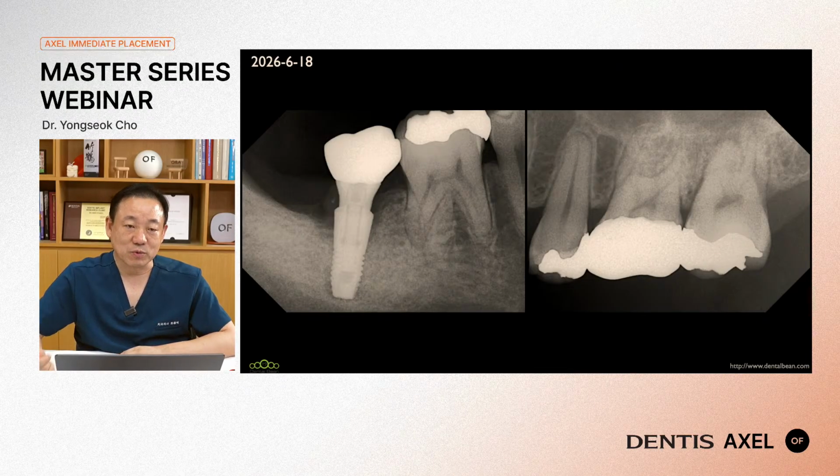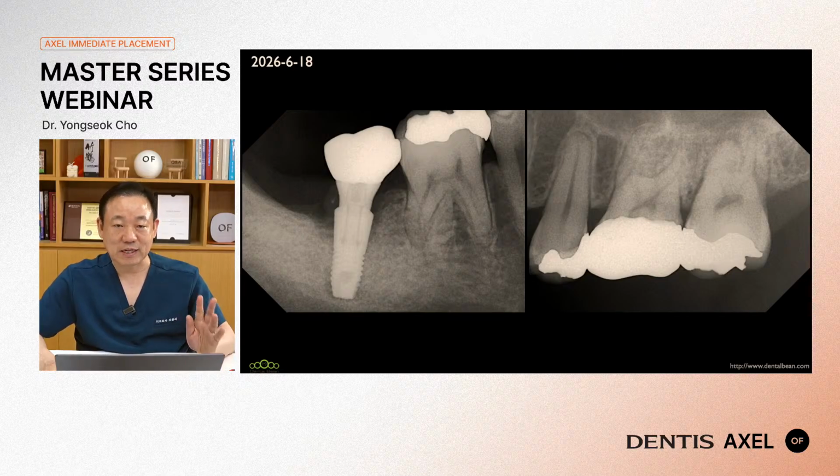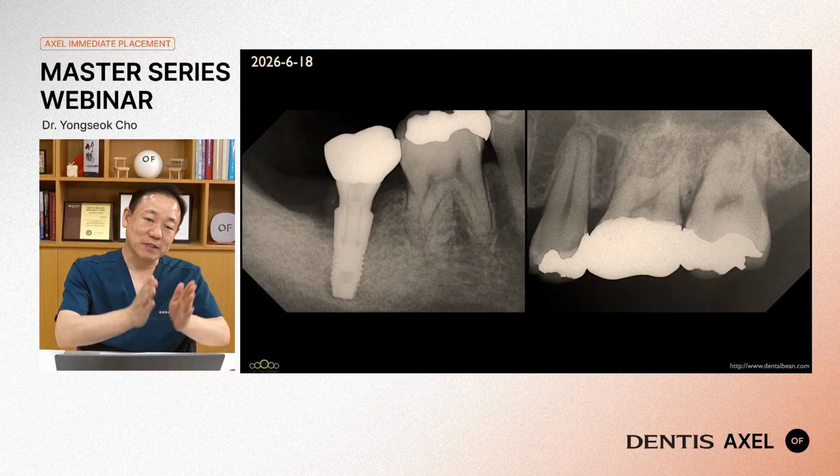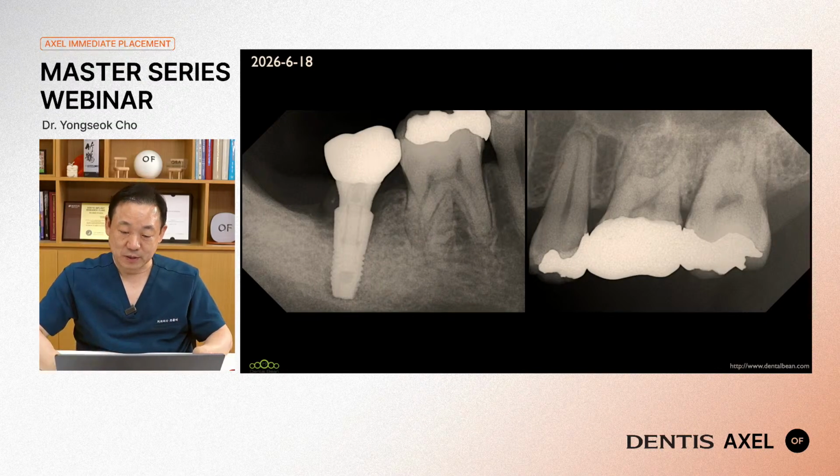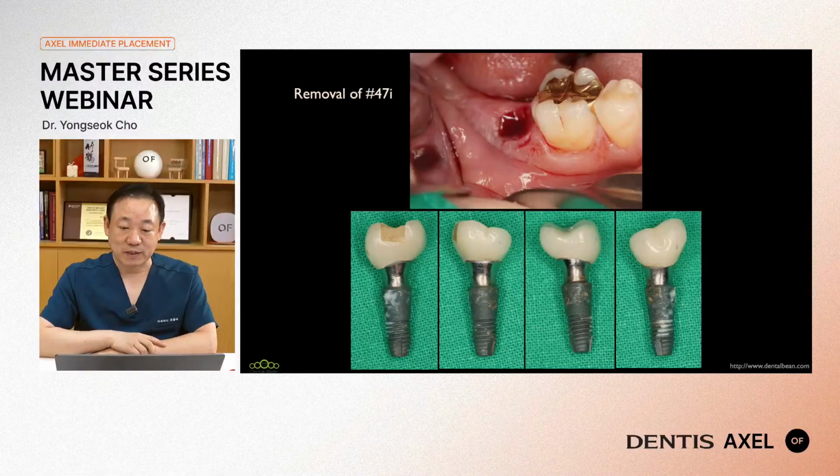I decide to remove the implant, and if possible, I will immediately place another implant near the site. In such a situation, I must prep the osteotomy slightly more anteriorly, and I want to get primary stability. Here, the implant was removed.